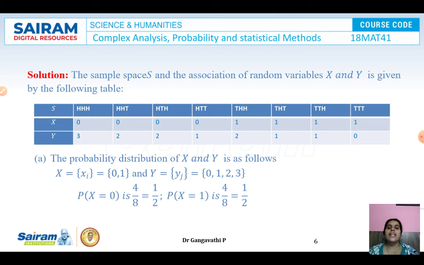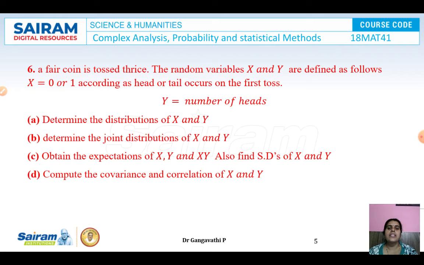Now let us define the random variables x and y. If you recall the question, x takes the value 0 or 1 according as head or tail occurs. That means x is equal to 0 when head occurs, x is equal to 1 when tail occurs, and y represents the number of heads in the outcome.